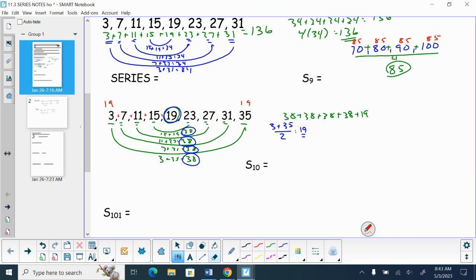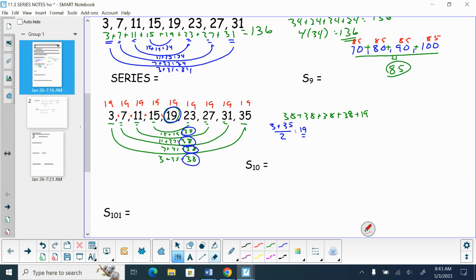If I take the 7 and 31 and add them together, that adds up to 38. I divide that by 2. I get 19 here and 19 here. I take 11 and 27, add them together, I get 38, divide by 2. I get another 19 and another 19. I take 15 and 23, add them together, I get another 38, divide by 2. I get 19 and 19.